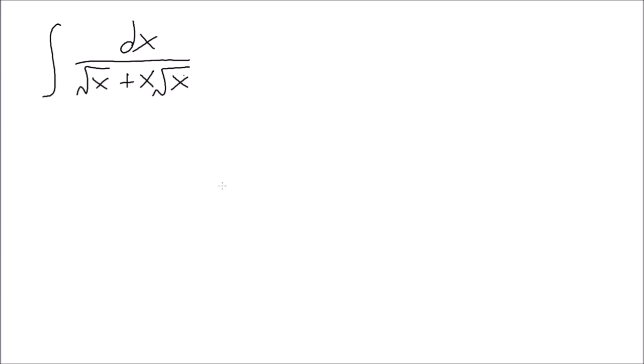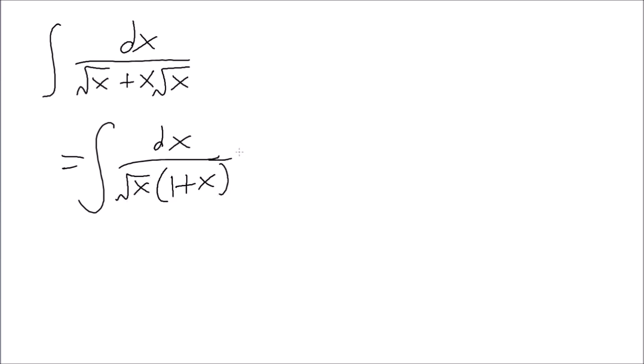I want to factor this out because this is bugging me. So let's go ahead and factor that out. Factor square root, and we get 1 plus x. This looks familiar. What should be my u substitution?